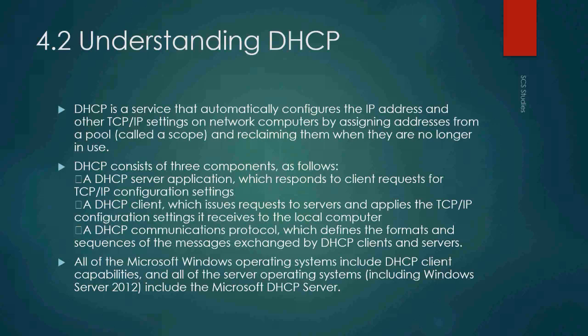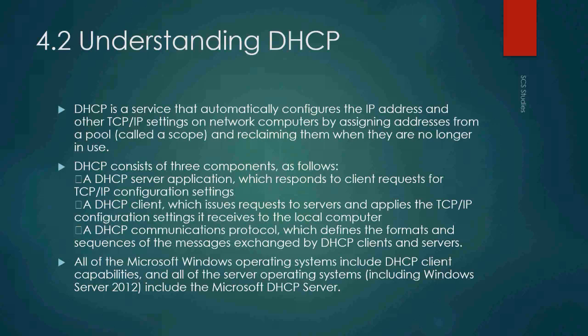DHCP is basically a service that automatically configures the IP address and other TCP/IP settings on network computers by assigning the address from a pool called a scope. Pool means a bunch of IPs. In DHCP, it is known as a scope. And it reclaims them when they are no longer in use.